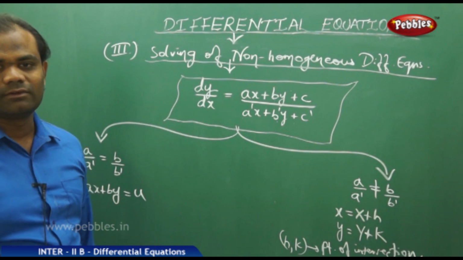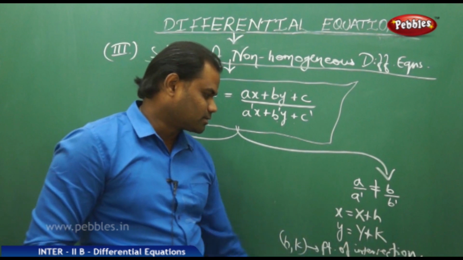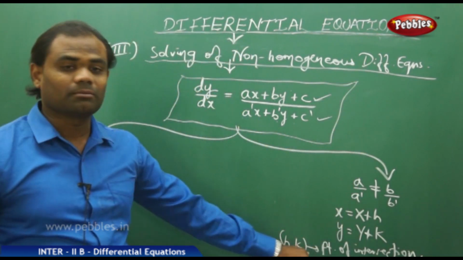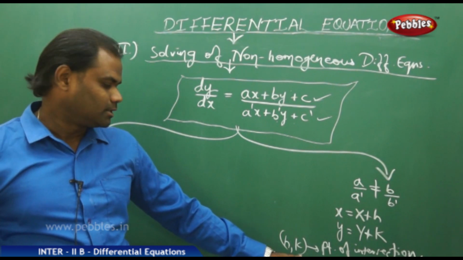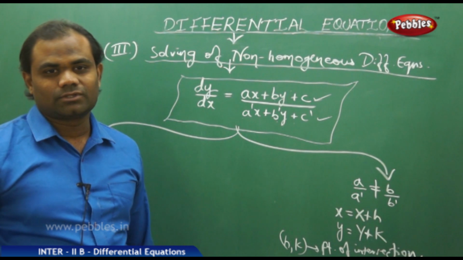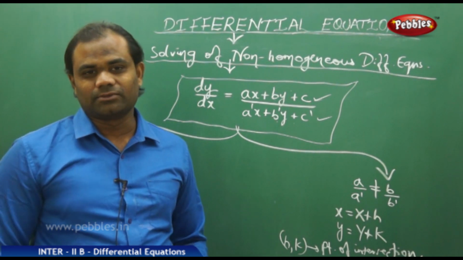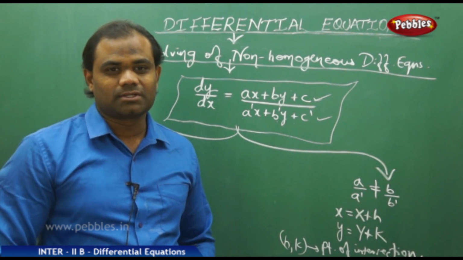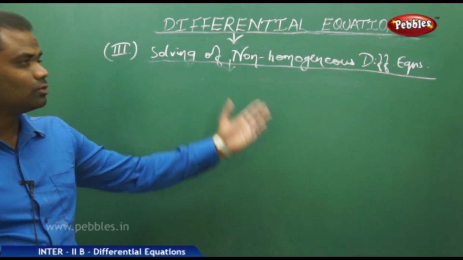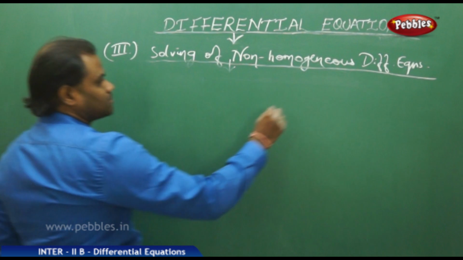So taking this and this solved, we get the point of intersection of this and this, which is h comma k. The x coordinate is h and the y coordinate of the point of intersection is k. So let's see in brief both case 1 and case 2 respectively for a non-homogeneous differential equation. Now let's see the solving of non-homogeneous differential equation initially with case 1.